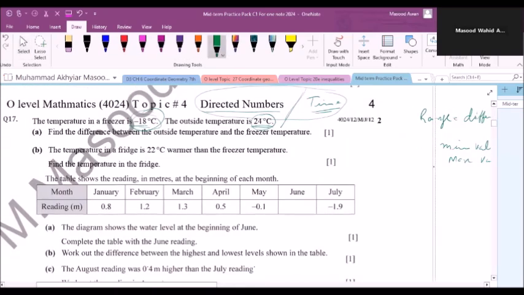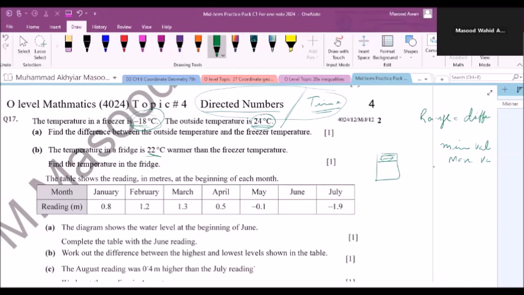Next, the temperature in a fridge is 22 degrees. Basically, there are two compartments. One is the freezer and the other is a fridge. The fridge is cooler than the room and warmer than the freezer.